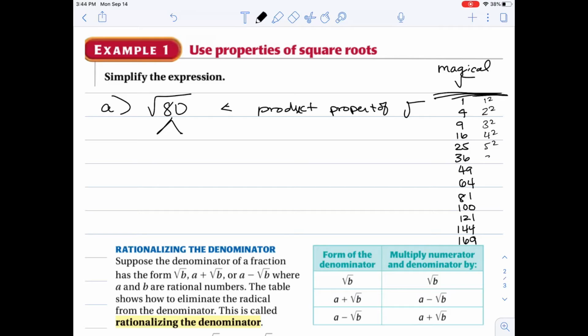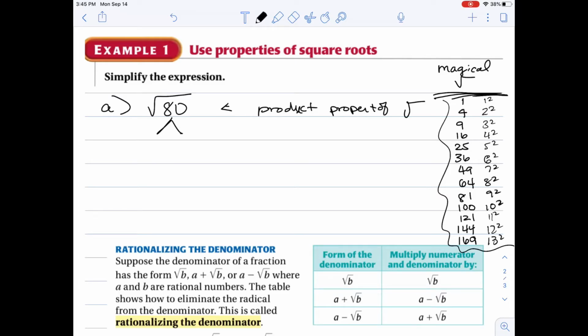So 3 squared is 9, 4 squared is 16, 5 squared is 25, 6 squared is 36, 7 squared is 49, 8 squared is 64, 9 squared is 81, 10 squared is 100, 11 squared is 121, 12 squared is 144, 13 squared is 169, and so on. But this is basically the box that we want to keep in mind.